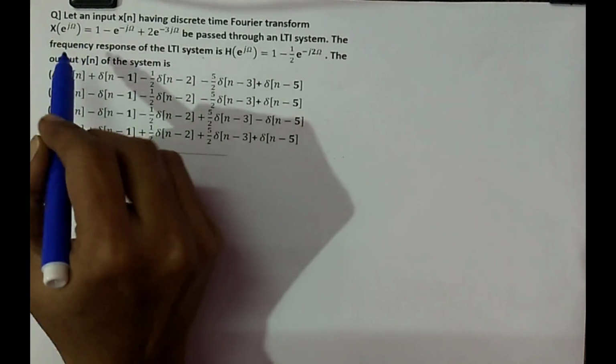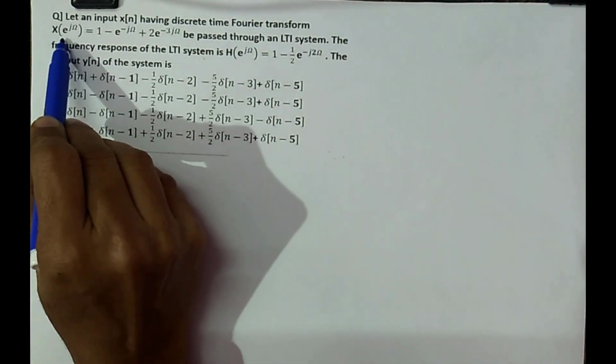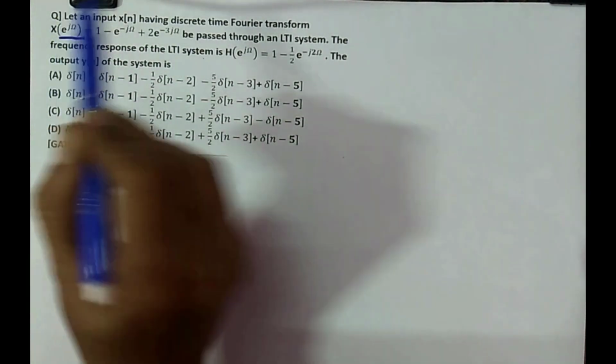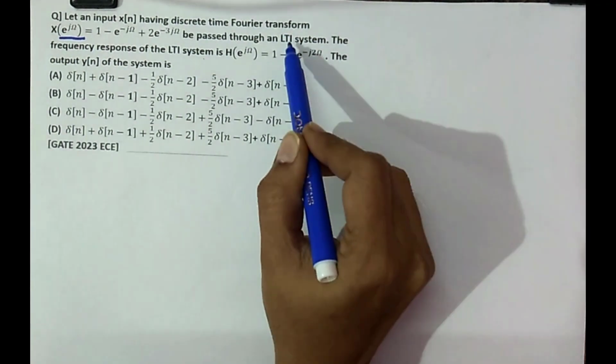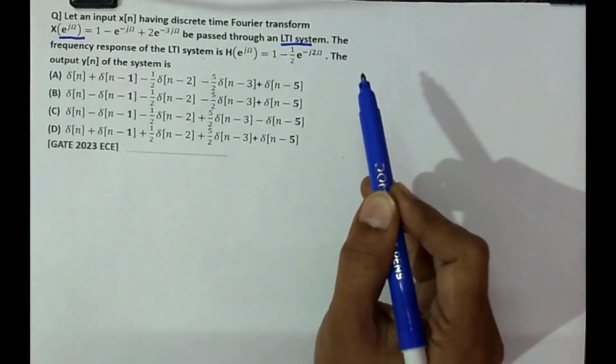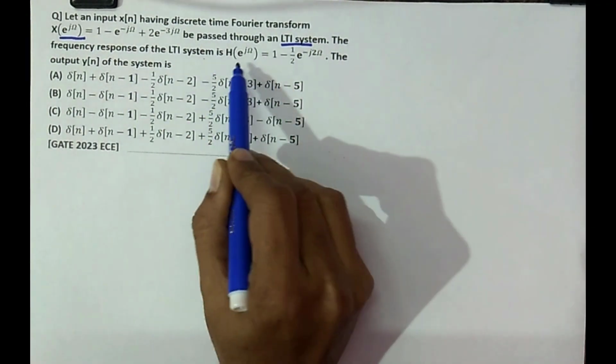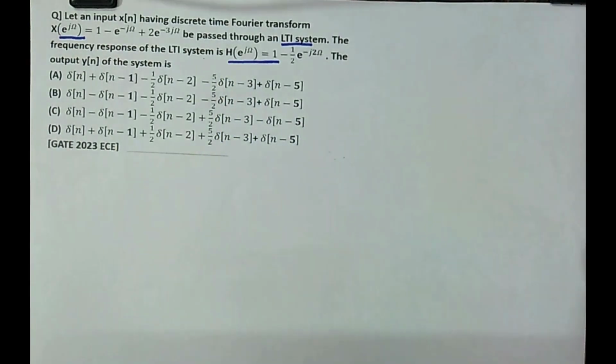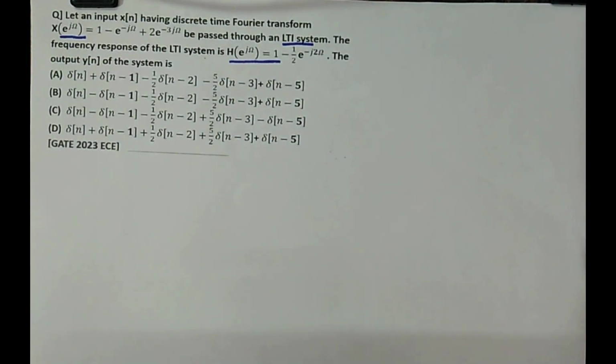This question is: x of e power j omega is passed through an LTI system, and the LTI system frequency response is h of e power j omega. You have to find the output y of n. Very easy.